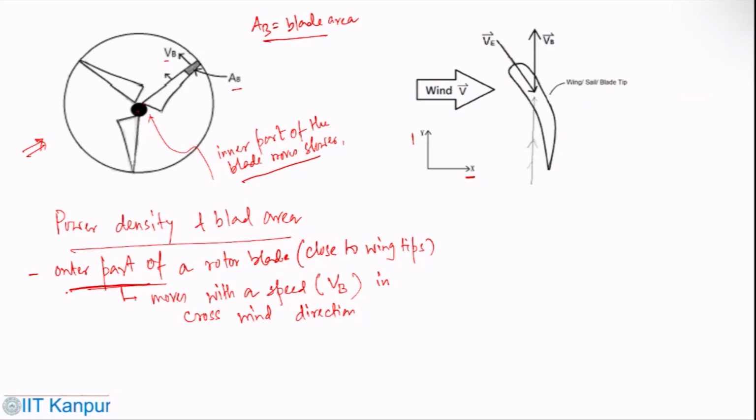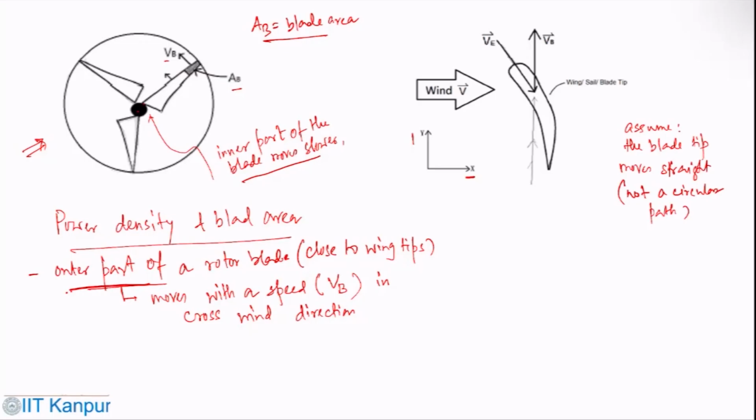Here we simply assume the blade tip moves straight, not a circular path.